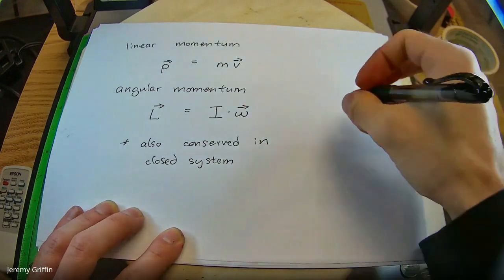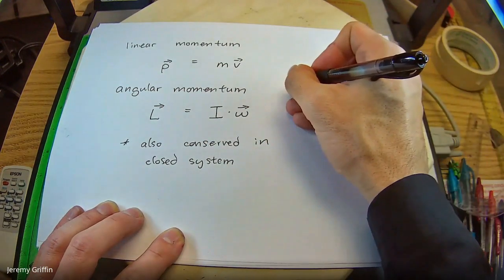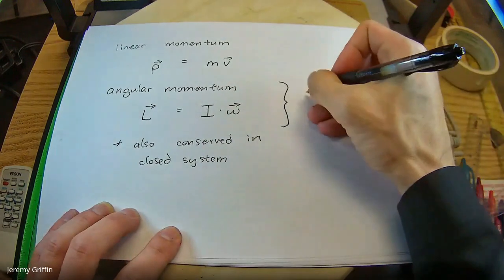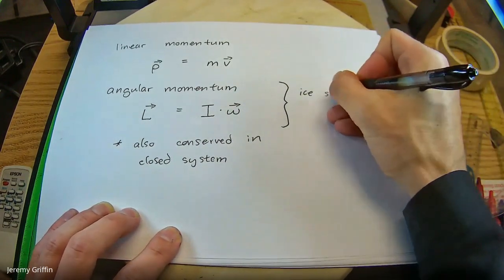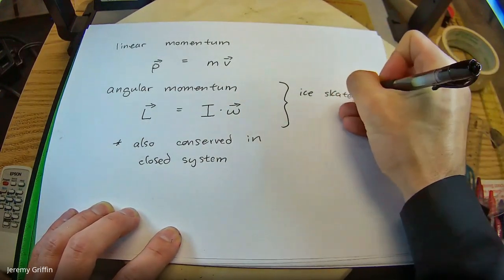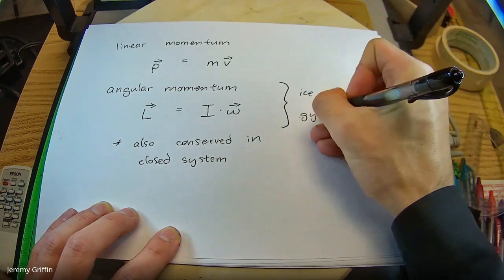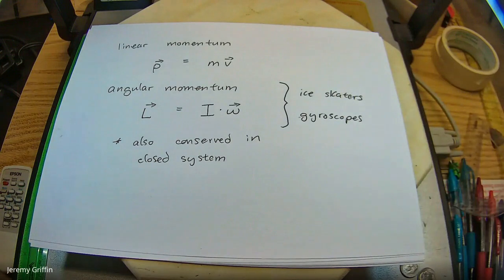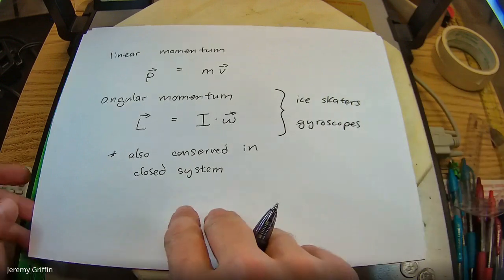And we'll take advantage of that to explain these couple of concepts here: ice skaters and gyroscopes. Those are the two pretty cool stories that you can explain with this physics concept of conservation of angular momentum. So let's start with the ice skater example, because you guys saw Paul Hewitt on this turntable.